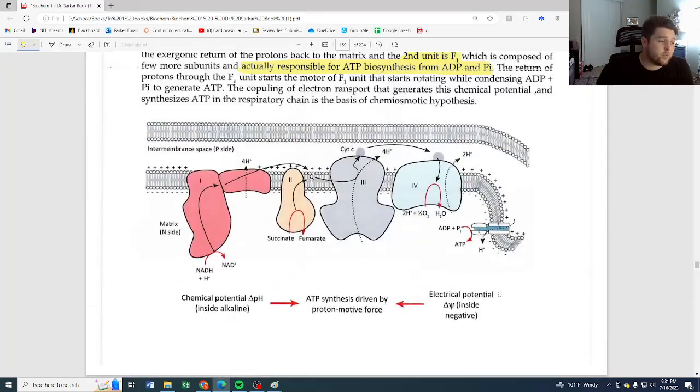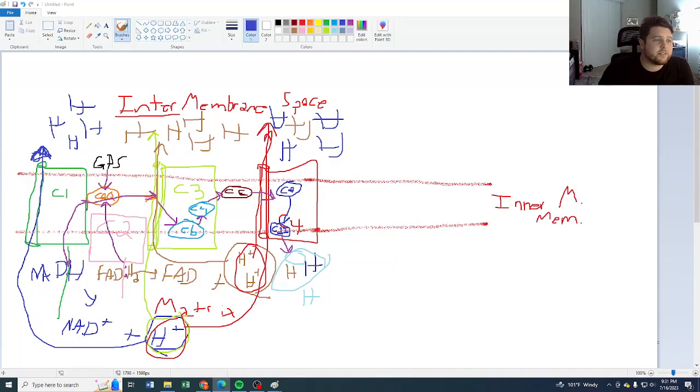So that was a lot of words to basically say hydrogen gets pumped from the matrix to the intermembrane space, and once we get enough of them, they're going to flow through what's called complex 5, aka ATP synthase.